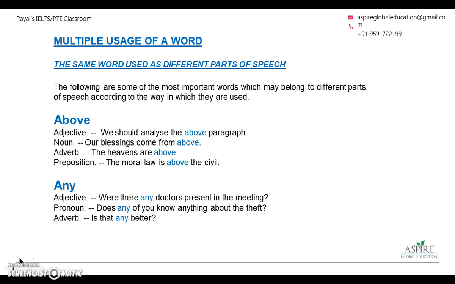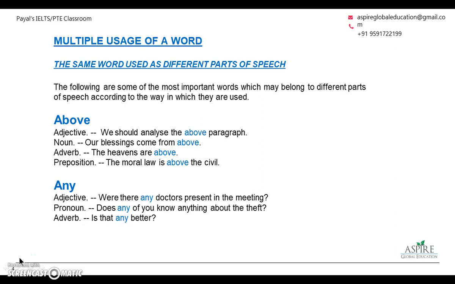Now, let's take up a few words which are used as different parts of speech as their usage in a sentence changes. Let's start with above. We should analyze the above paragraph. Which paragraph? Above paragraph. So the word above is defining the noun paragraph, so it is termed as an adjective.